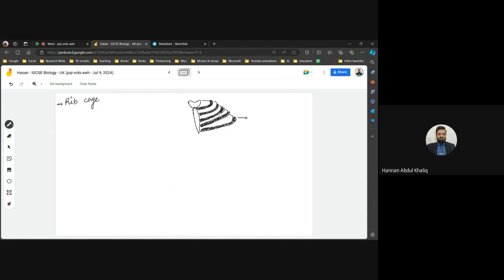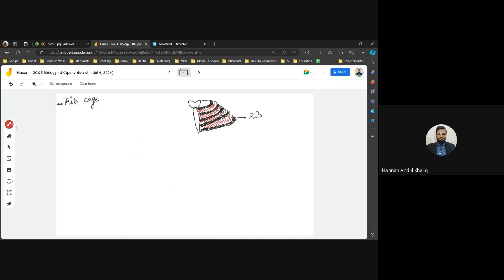So this is a rib. And there are muscles present in this direction. There are muscles present between the ribs.